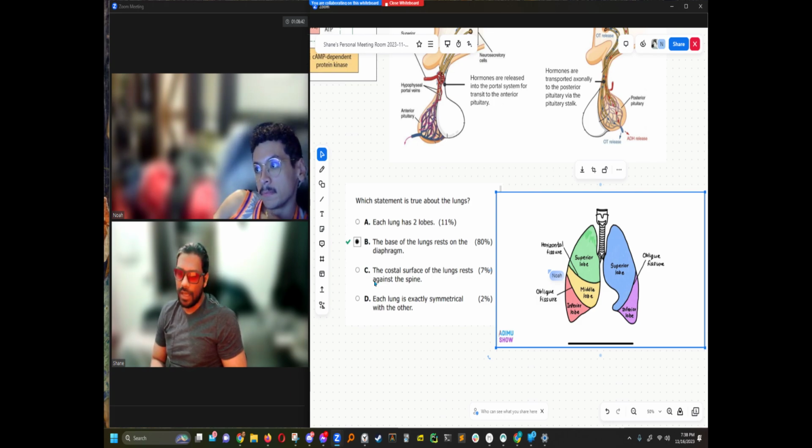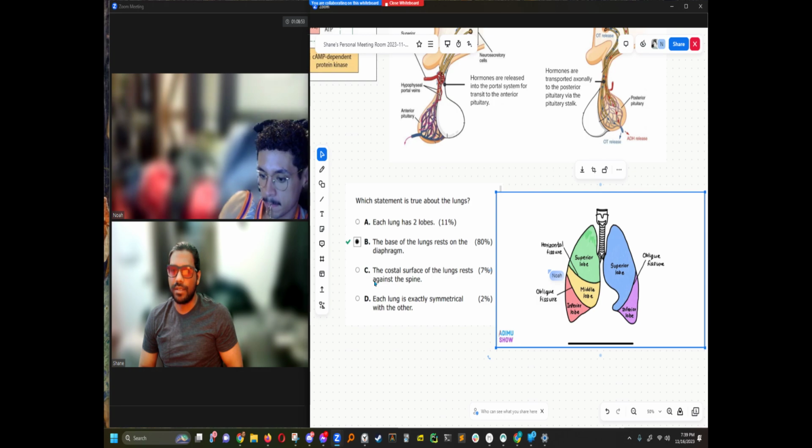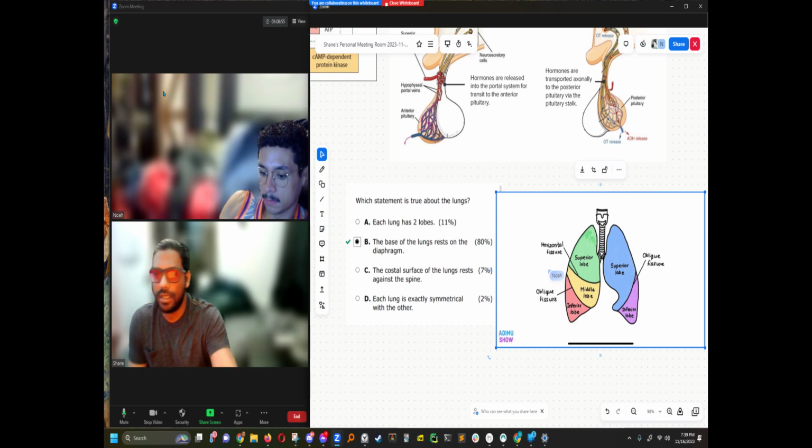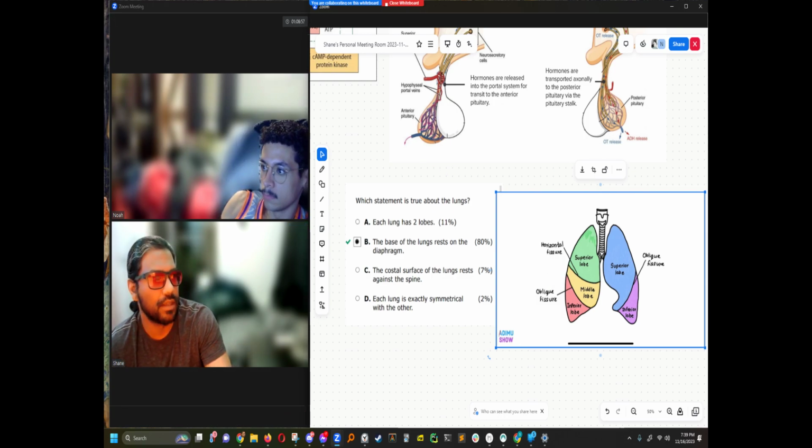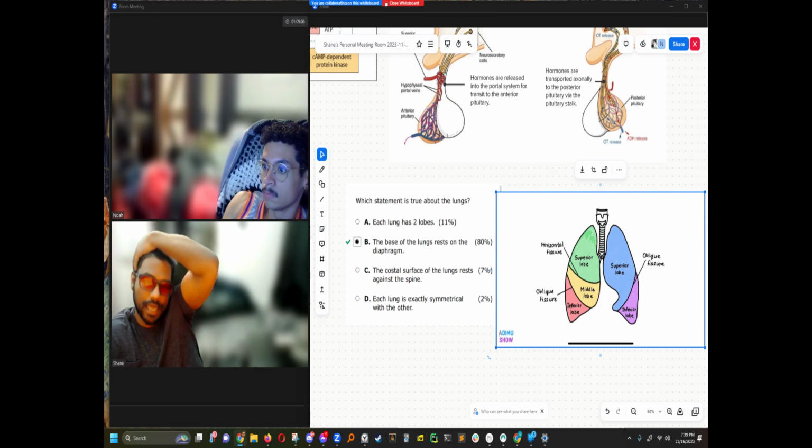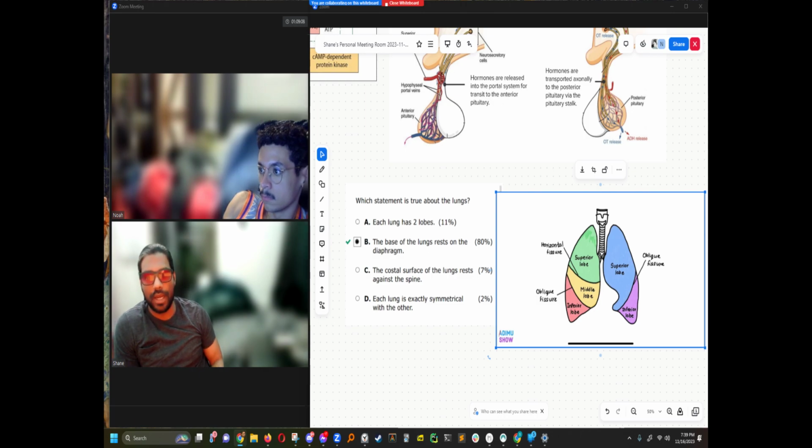The costal surface of the lungs rests against the spine, so that's the part that's connected to the rib cage, essentially. So C would be right if it said that it rests against the ribs.